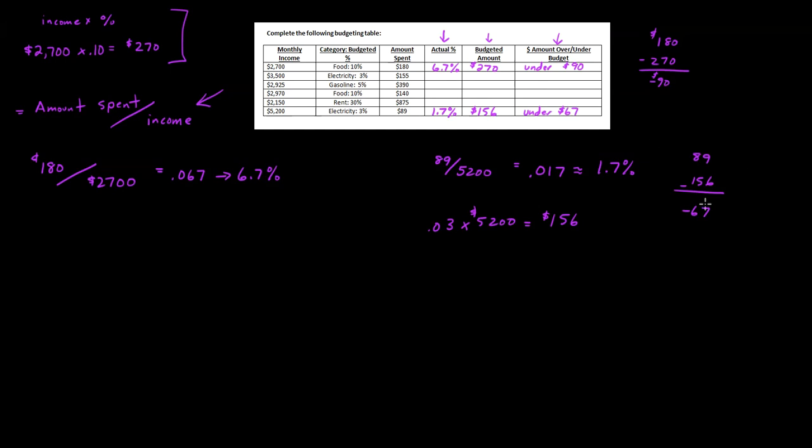Remember, if you're going to do it this way, you have to put the amount that you did spend, and we subtract from that the budgeted amount, and that gives us the difference. The difference is negative, we're under budget. If it's positive, we're over budget.